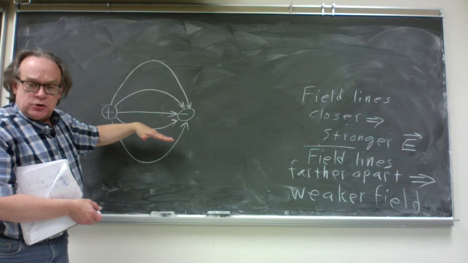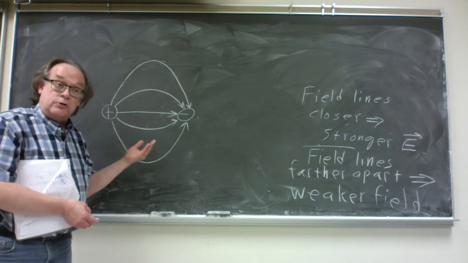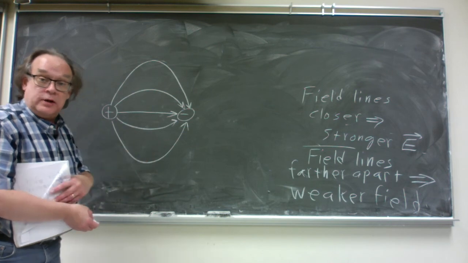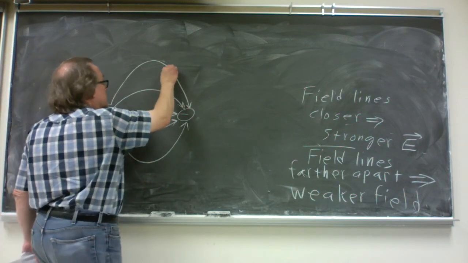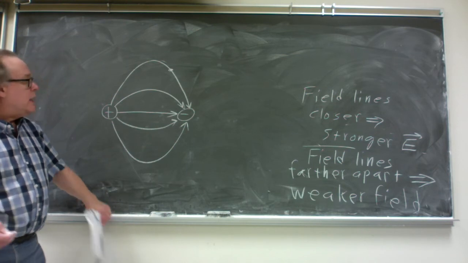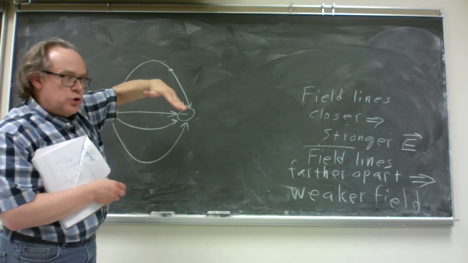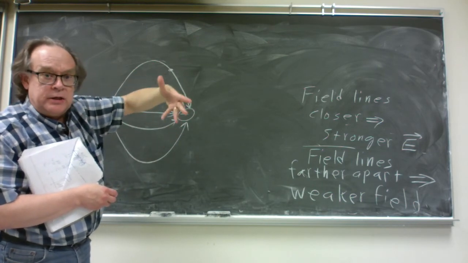But these lines are curved. In the case of a curved field line, how do you figure out the direction of the field at some point on that line, like let's say this point? Because it's a curved line, depending on where you are along that line, it's really in a different direction.